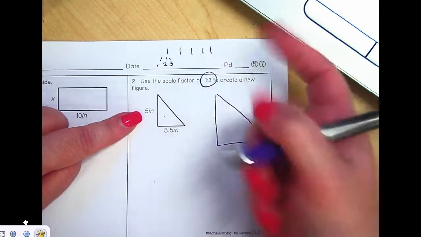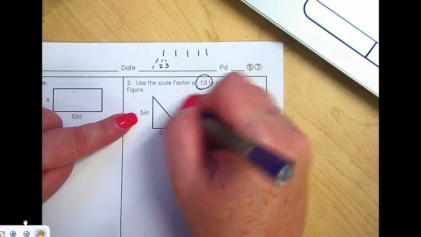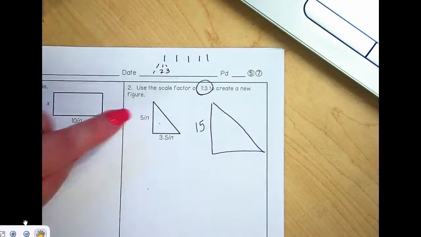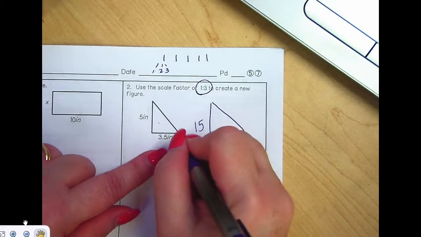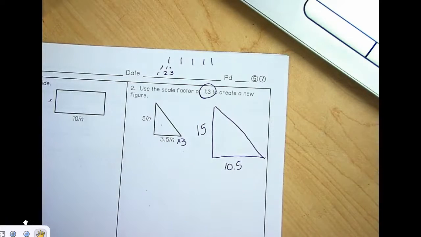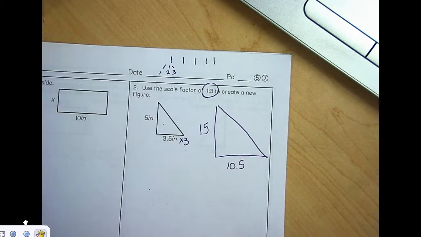This will have 3. So that is multiplying 5 times 3. 5 times 3 is 15, right? And 3.5 times 3 we said is 10.5, right? So they give us the scale factor and then we multiply and we got the dimensions of the new triangle.